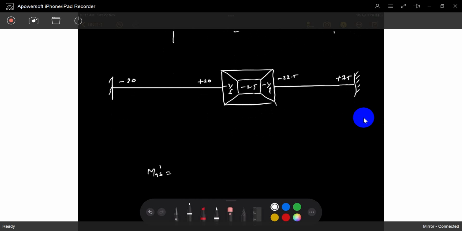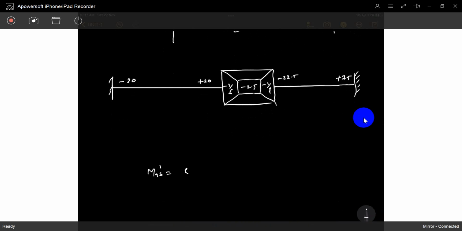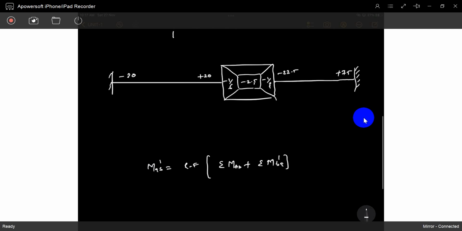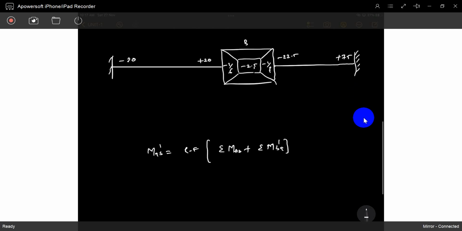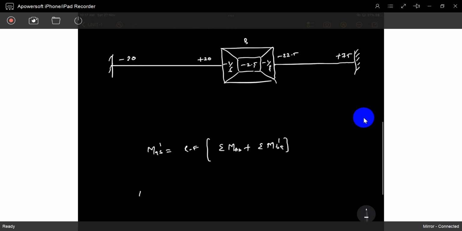Rotation contribution is what? Rotation factor multiplied with the sum of the fixed end moments at the joint and the sum of the rotation contributions from far ends. Now you can see it's the only joint, B. Very simple. Only one time. So what is MBA?